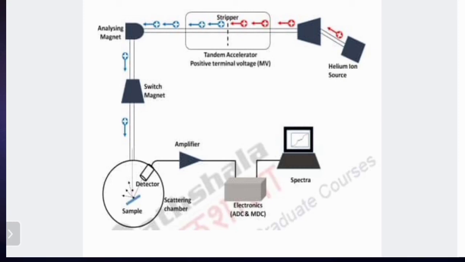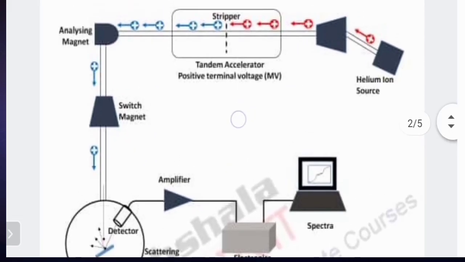There is a helium source, which goes for acceleration into a tandem accelerator operated at 2.5 to 0.5 mega electron volts.